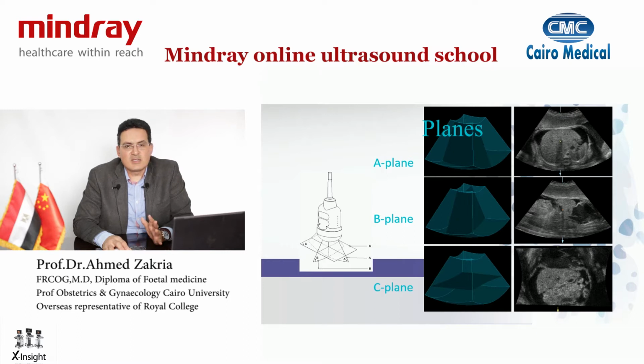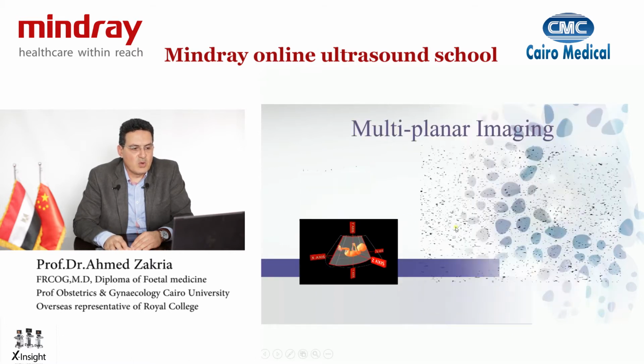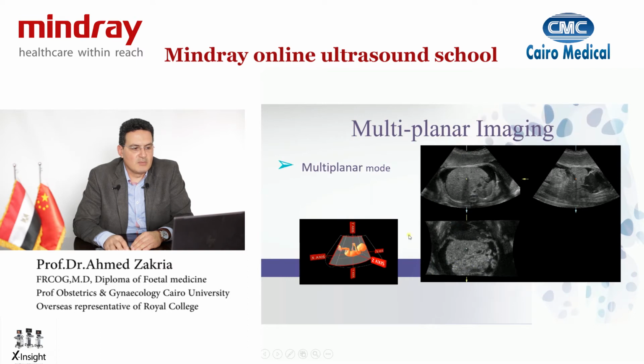When we address 3D imaging, we have to appreciate that we're sending images in three different planes, the coronal, sagittal, and longitudinal planes, what we call the A plane, B plane, and C plane. There is a point of junction between those three planes. That point of junction is what appears on your images as a point in the reference image.